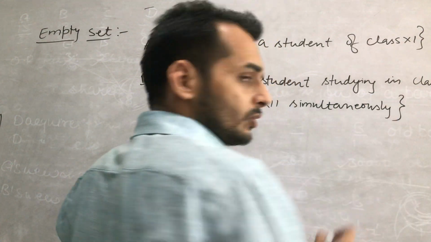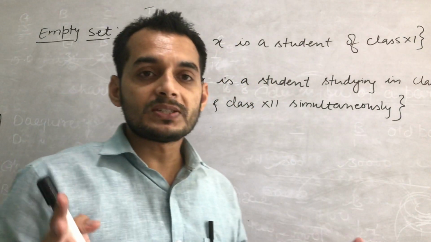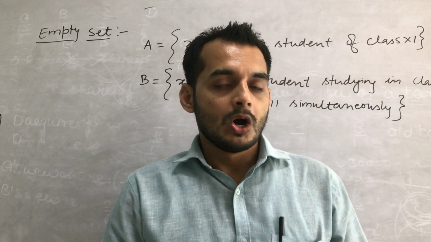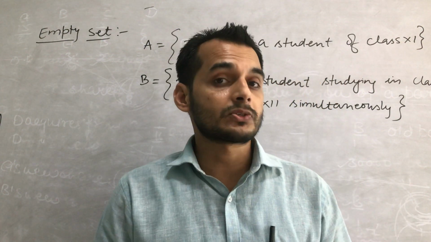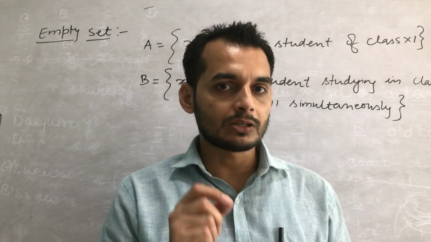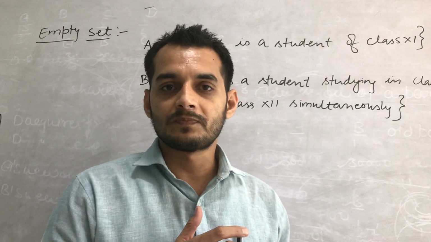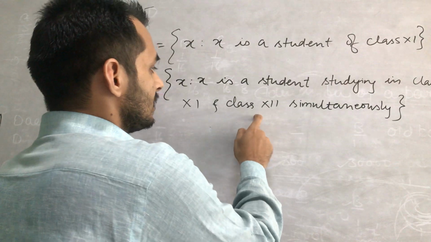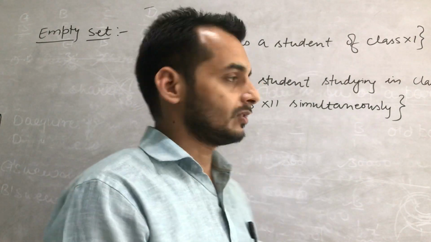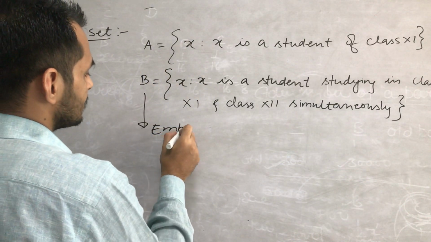Okay, so do you think there will be an element in this set? Will there be any student who will be studying in class 11 and class 12 at the same time simultaneously? No, there will not be any such student. So this set will be my empty set, as there will not be any element in this set. So this set B is called my empty set.